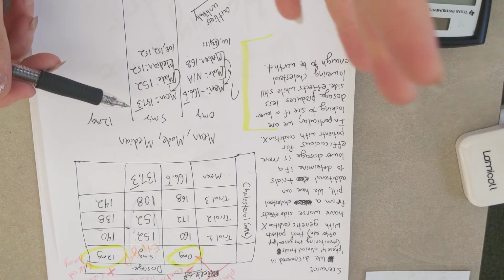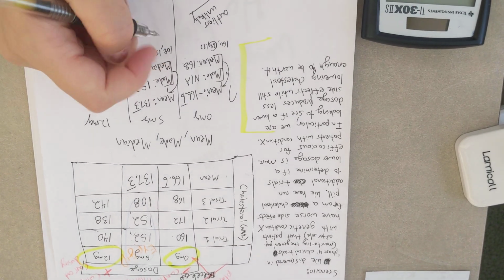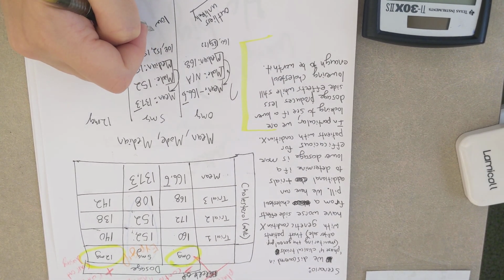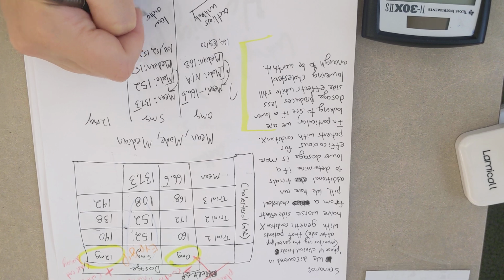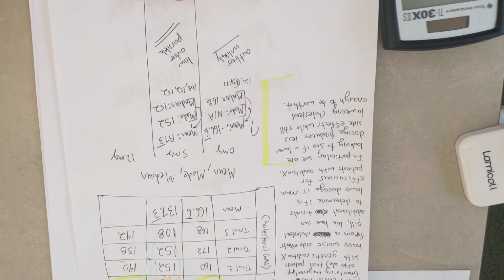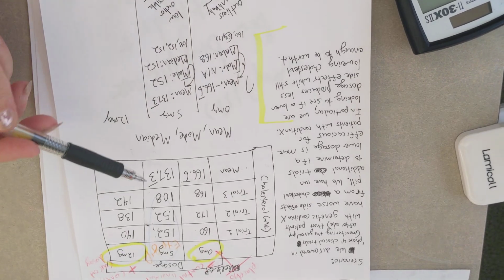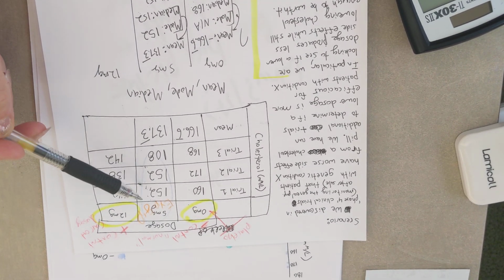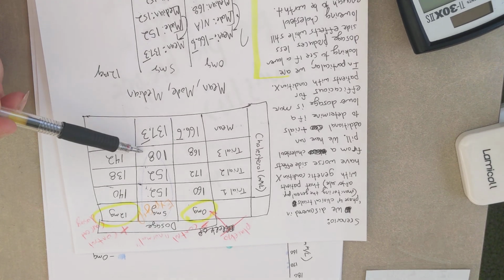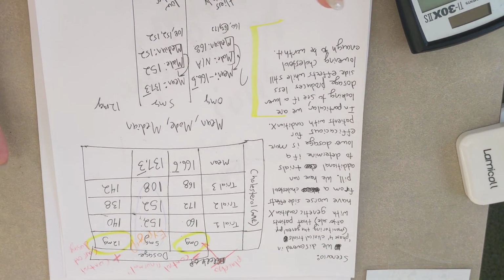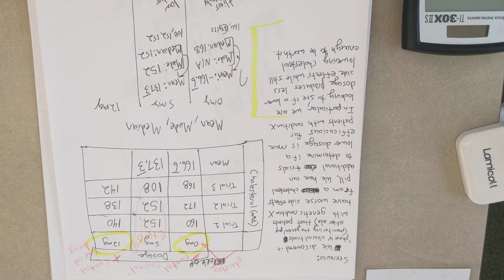If the mean is higher, the outlier is pulling it up. So I'm just going to make a quick note: do we have a low outlier? A low outlier is possible, so I may have a messed up data set. And when I look at my original data set, I see that I do have this 108. On first look, that looks like it might be an outlier, but again, we cannot just eyeball outliers. We have to do statistical analysis to find them.